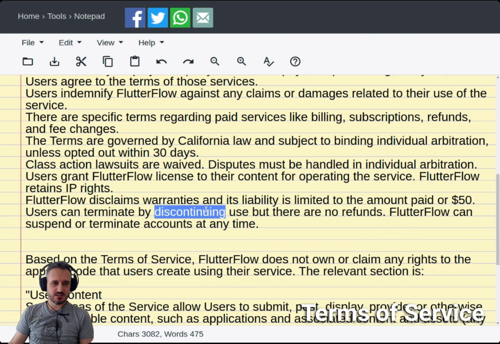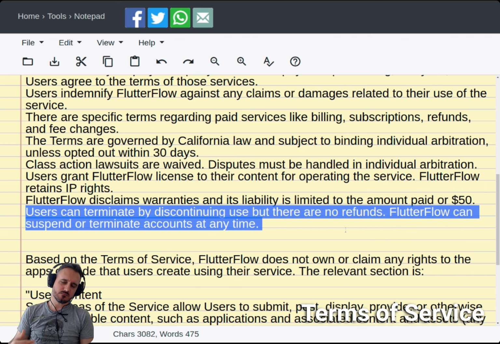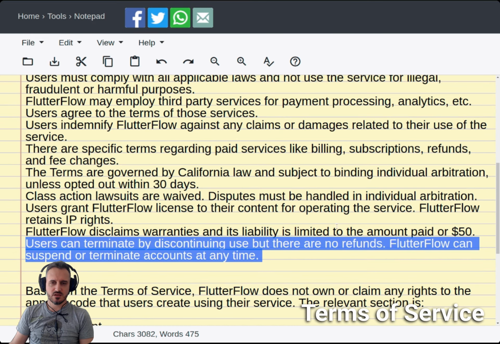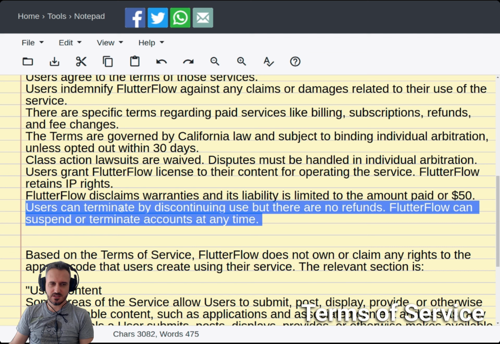And then the last thing that I get from the terms and conditions, which are the key points, is this one: users can terminate by discontinuing use, but there are no refunds. Flow can suspend or terminate accounts at any time. We talk at some point about that as well.